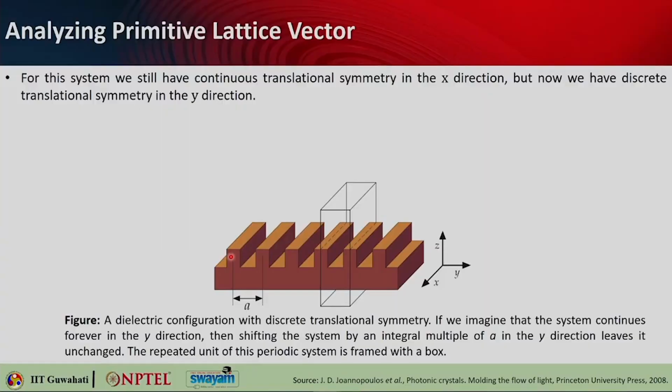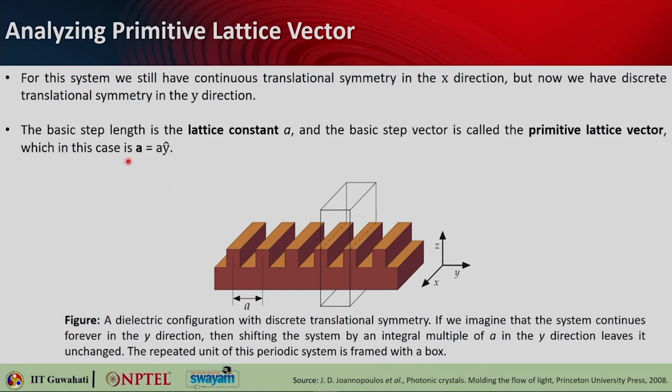Now for this system we still have continuous translational symmetry, but that is along x. Along the x direction the system has continuous translational symmetry, but along the y direction it has discrete translational symmetry. The basic step length is the lattice constant a, and the basic step vector is called the primitive lattice vector.